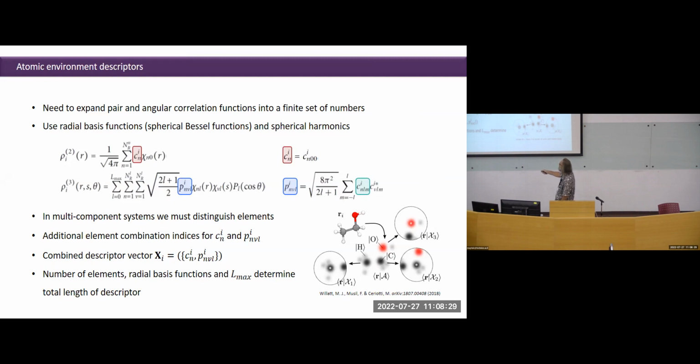As soon as you have a multi-component system with more than one atomic species, this goes up quite a bit. We end up with several thousand of these coefficients per atom that describe its environment. So that would be the total length of the descriptor, if you so want, for a certain atom: several thousand coefficients.